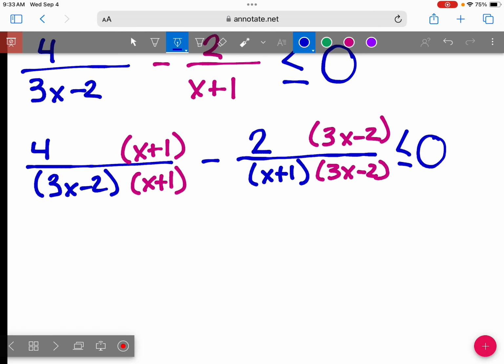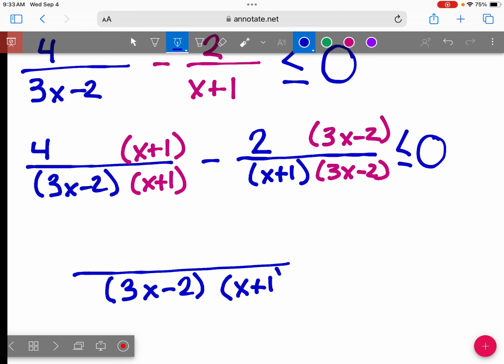So let's simplify this. I have the common denominator now, so I don't need to write it both times. We're going to leave it in factored form because we want it in factors anyway. So our 3x minus 2 and our x plus 1. And our numerator, we're going to multiply this out. So I've got my 4x plus 4. And you can distribute your minus through right here. So minus 2 times 3x gives me minus 6x.